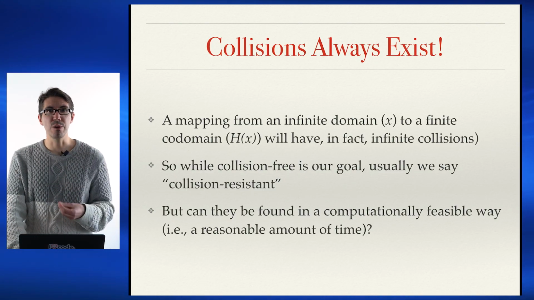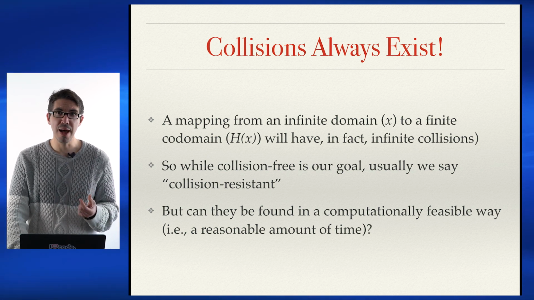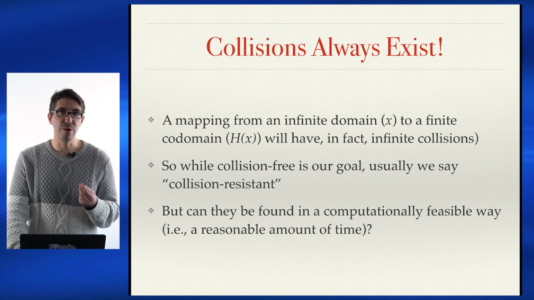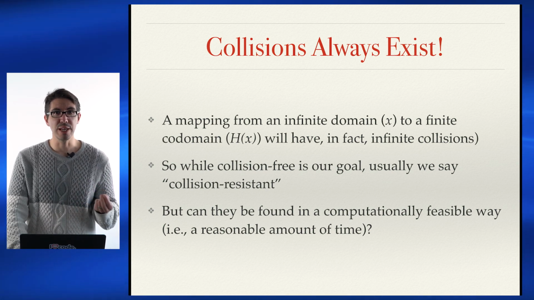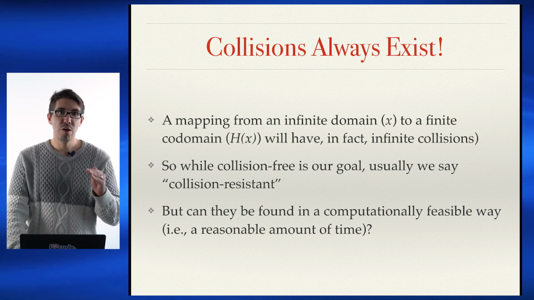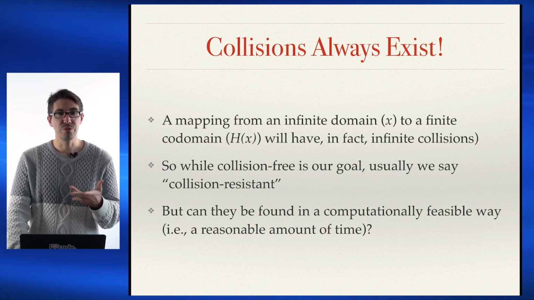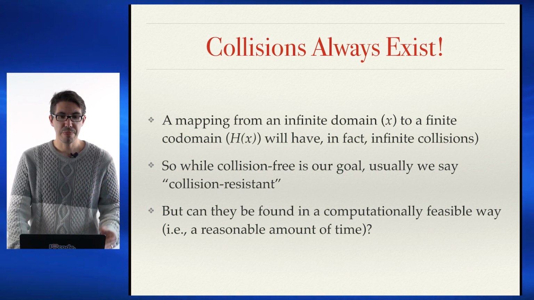Remember I said we would like our hash function to be collision-free, but it turns out, if you think about this for a few moments, this is impossible. Why? Because we have an infinite number of possible strings that could be passed into the function, but there are only a finite number of hash values because it's only a certain number of bits. Remember, even with BadHash, no matter what the size of the input, we always had a 1 byte value between 0 and 255 resulting.